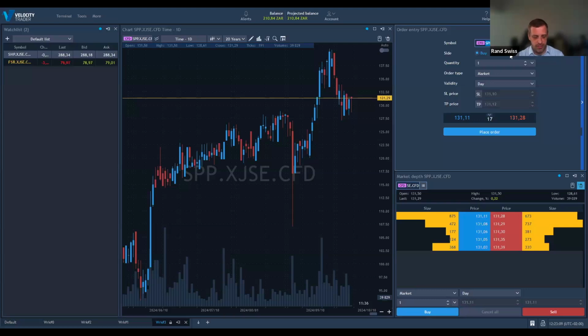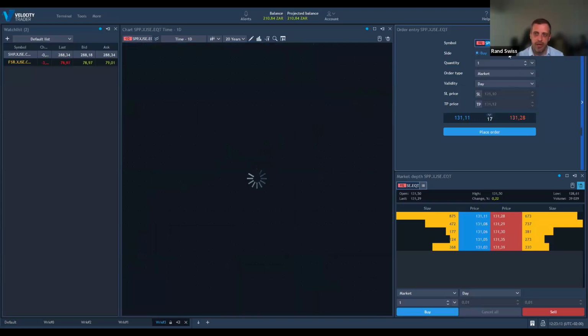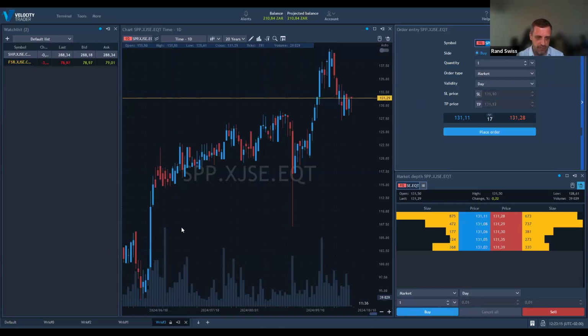If it was equity, so if we went with the equity option, then I wouldn't be able to sell if I don't already have SPAR shares in my account. So let's say I have at the moment 0 SPAR shares in my account, then I won't be allowed to sell. You cannot open short positions with equity, but you can with CFDs.